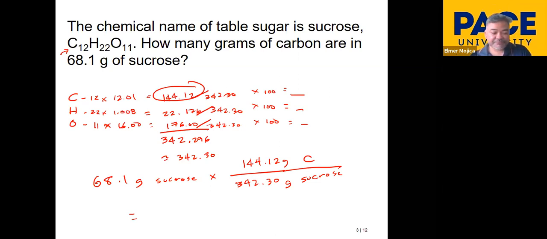So what do you get? Anyone? Is it 42.1? It's 68.1 times 144.12 divided by 342.30.